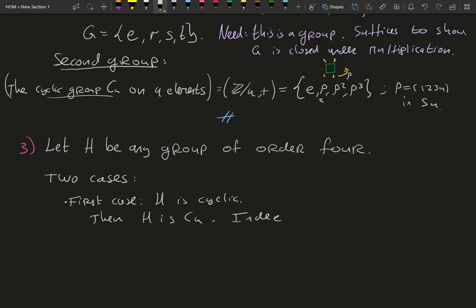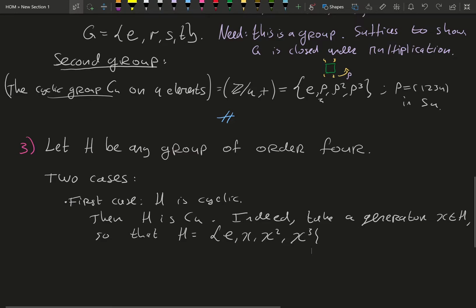To see that in this case, take a generator, say x in H, so recall that it means that H is then {e, x, x squared, x to the third}.